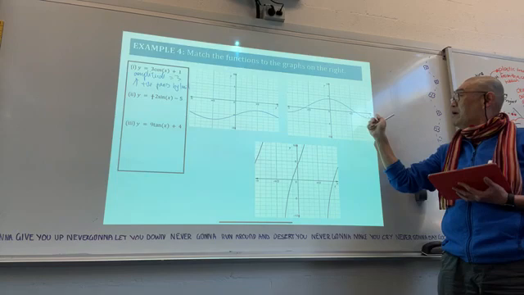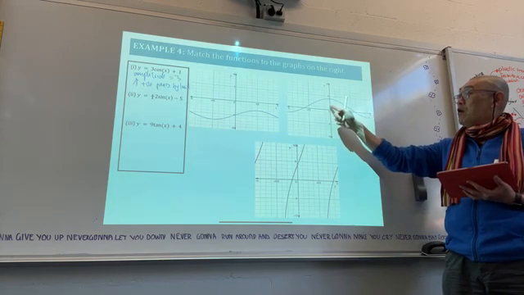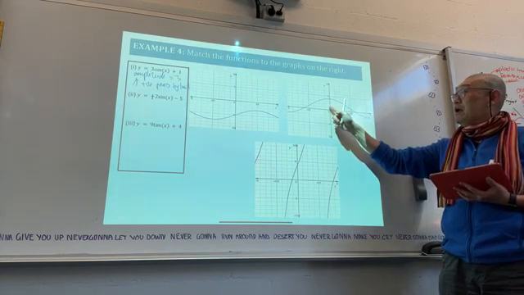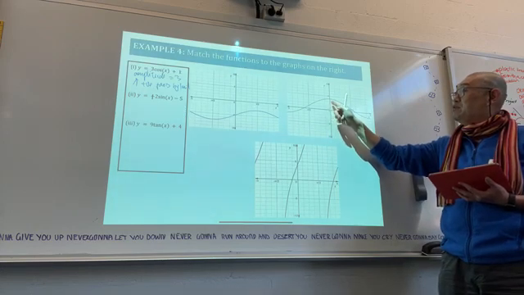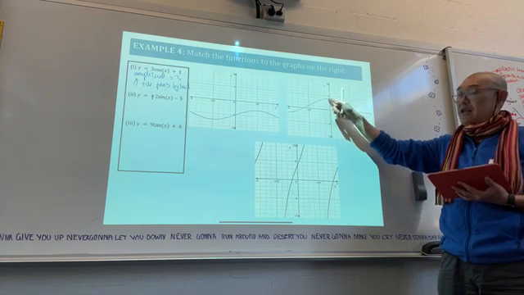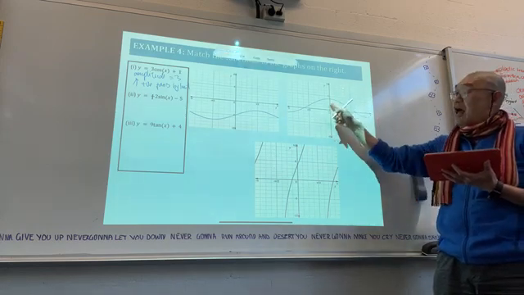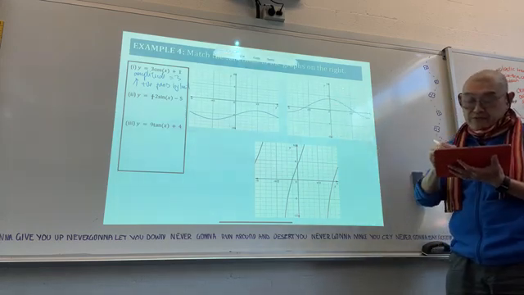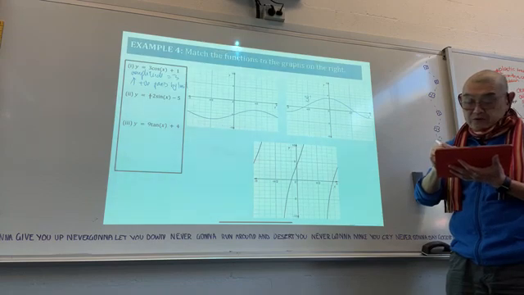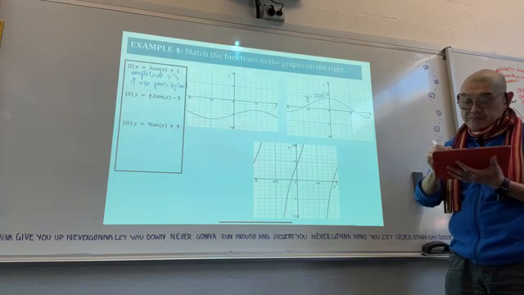Which is when x equals 0, cos 0 is 1. And then amplified by 3, 1 times 3 is 3, plus 1, and that becomes 4. So look at the extreme point, then we therefore know that this is y equals 3 cos x plus 1.